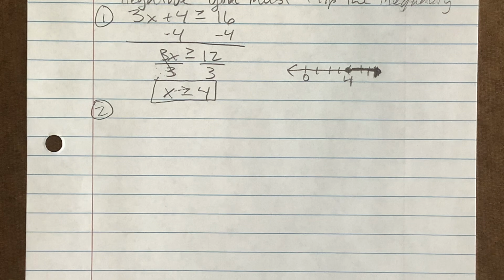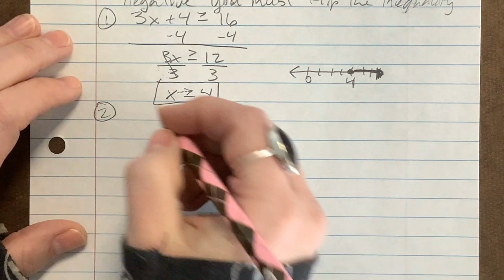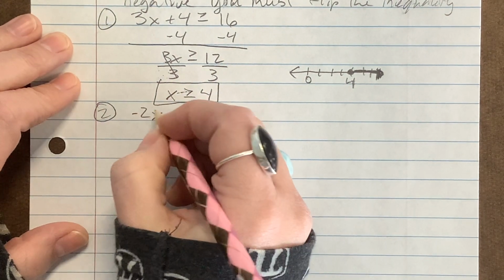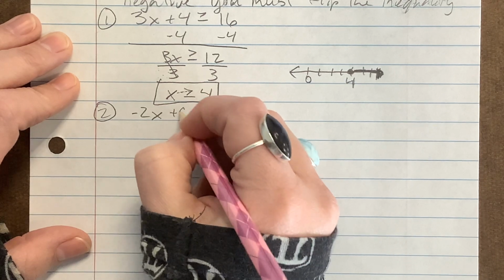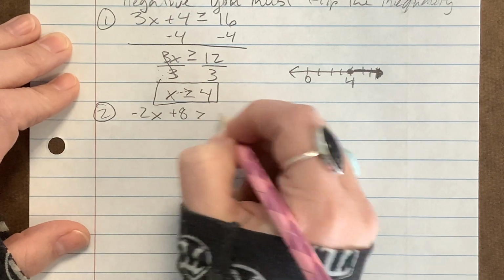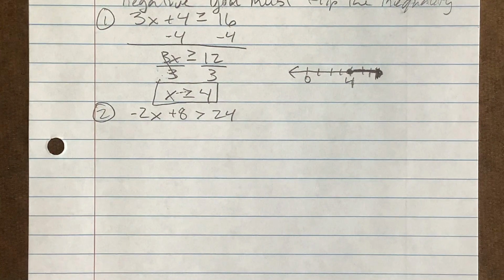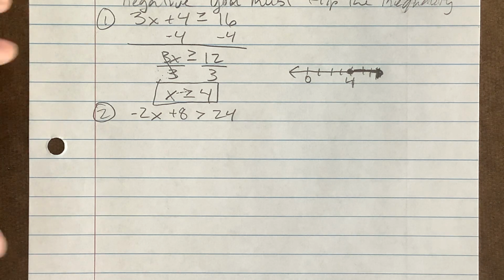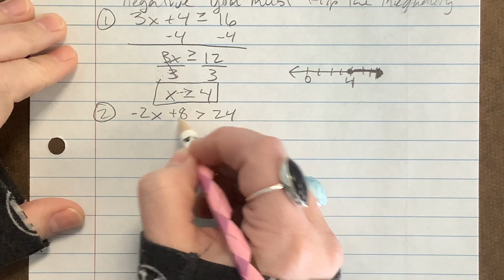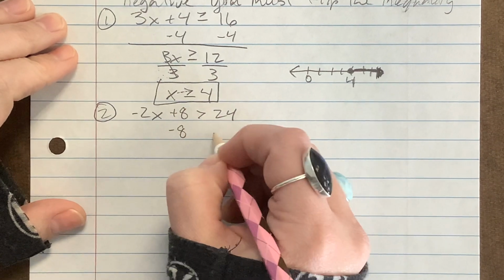We shall practice a few more. All right, negative 2x plus 8 is greater than 24. We're just going to follow the same exact steps this time. We have an 8 to subtract from both sides.